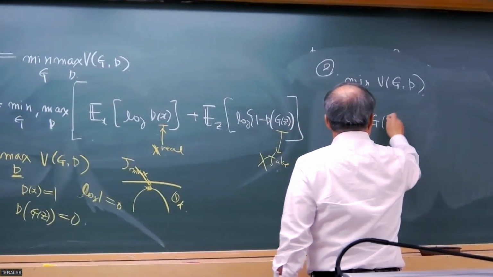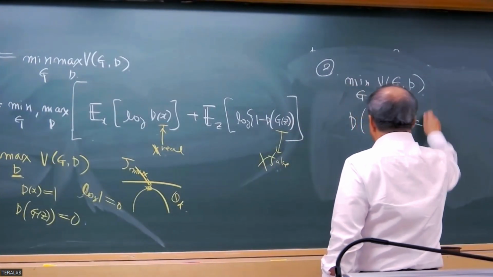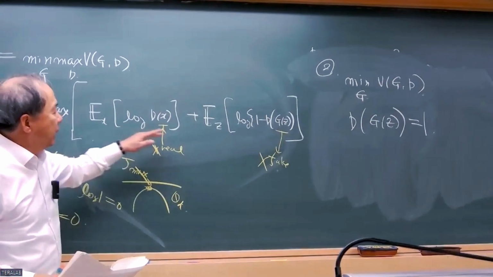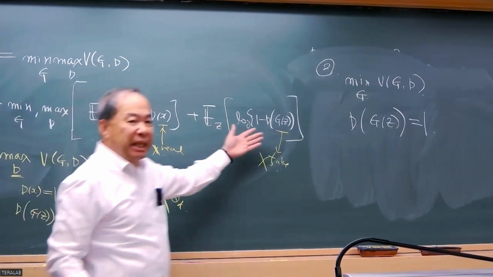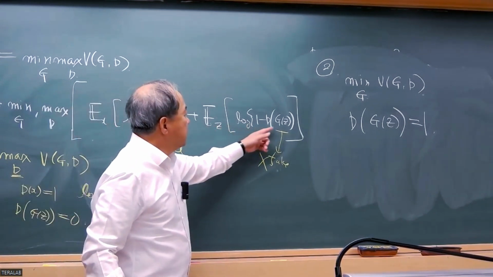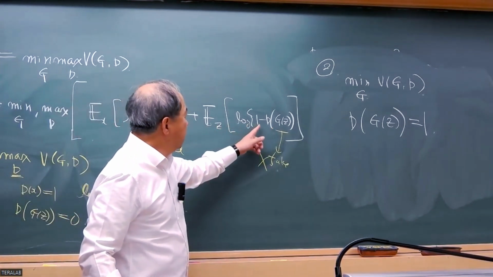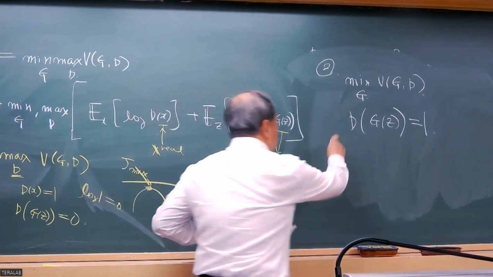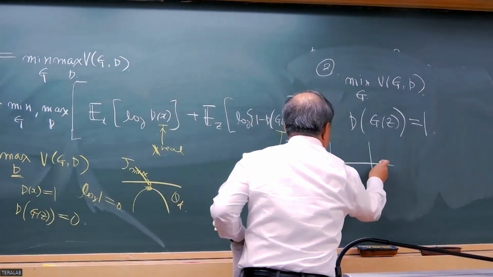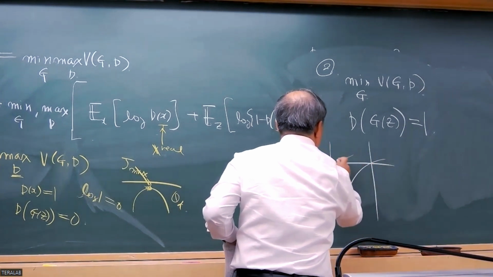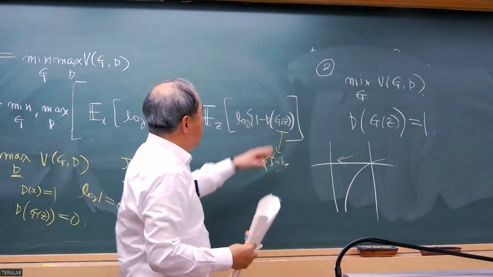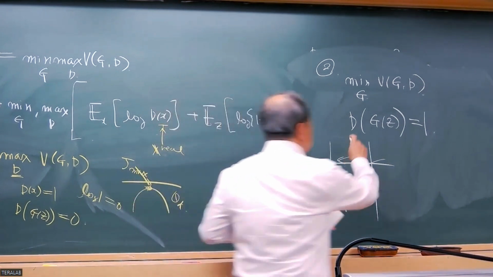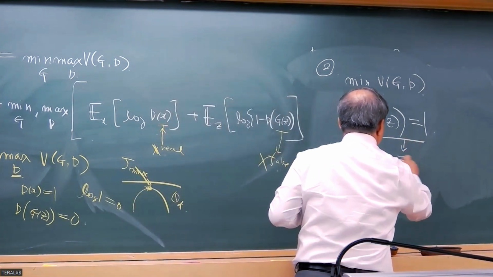The first term is not controllable by the generator network. Only the second term. This is becoming minimum when this number is near to 0. So that means this is becoming 0, and that means this term is equal to 1.